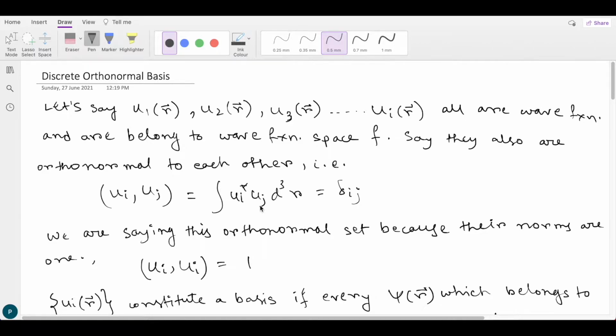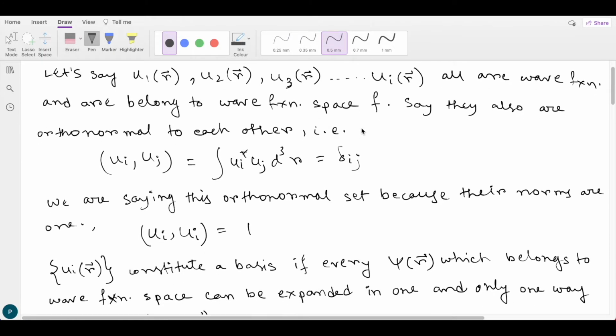Similarly, in wave function space, we can choose some wave functions u1, u2, u3, ui and so on to represent any wave function in that space as a linear combination of them. So those constitute a basis and we can choose them so that they are orthonormal. What do you mean by orthonormal?